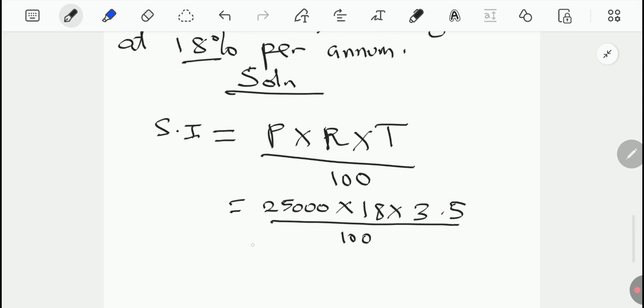When we punch this into our calculators, what shall we get? You can as well get your calculator and multiply that, then divide by 100. What shall we get? I know, yes, you have done something. Let me also do the calculation here.